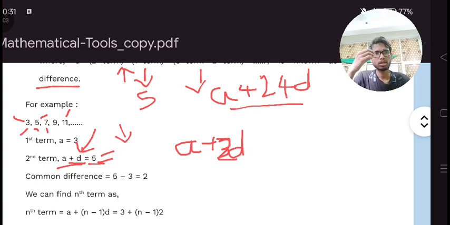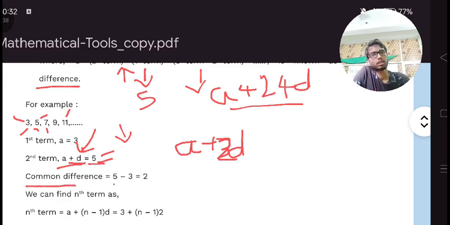This is just a simple formula to calculate the number which is at 25th place. Clear? If you know that A is 3 and D is 2, just simplify this, then you will get the number at the 25th place.